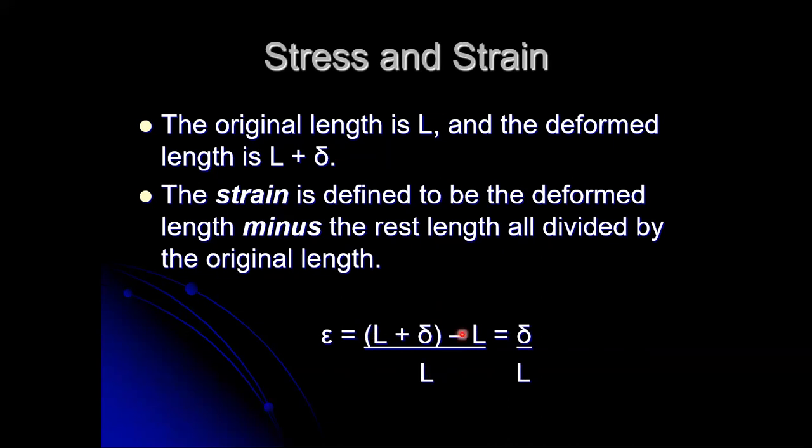So after you work out the changes, it's just delta over L. And the symbol we give to that is this other little kind of funny looking character. That character we call epsilon. It's a Greek letter, and it's used fairly frequently in mathematics to represent a small quantity. Epsilon refers to a small amount, and strain is usually a small number.